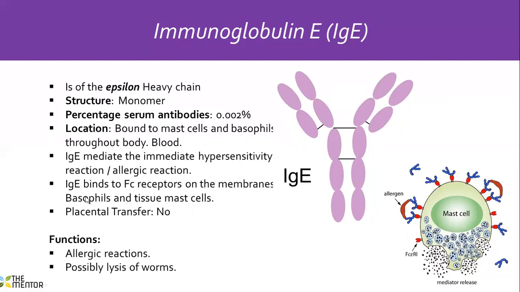They do not cross the placenta barrier. But apart from allergic response, IgE is also important for lysis of worms. They attach to worms and cause lysis of the worms. So helminthic infections will also indicate a rise in IgE levels.